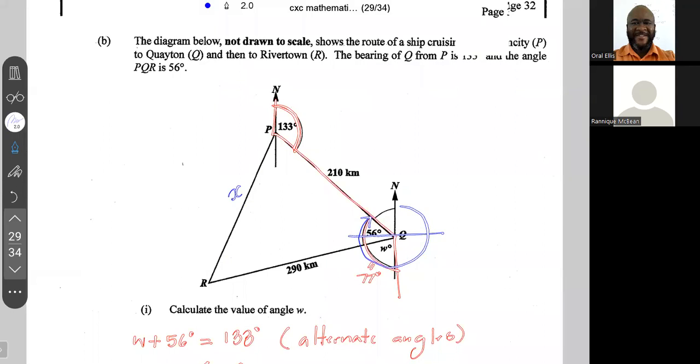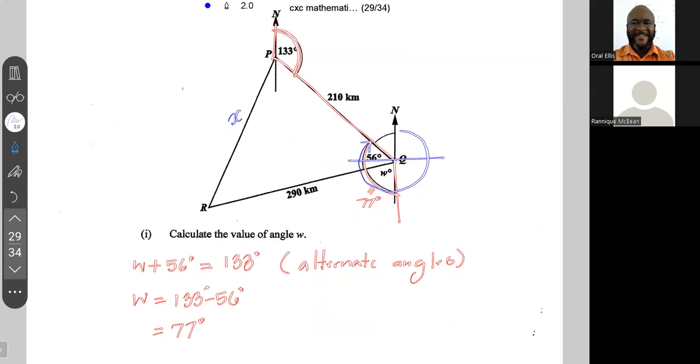The two sides are 210 and 290 kilometers. And the size of the angle between them is 56 degrees. So if I have a non-right angle triangle, the length of two sides and the angle between them, and I wish to find the length of the third side, that is a condition for applying the cosine rule.